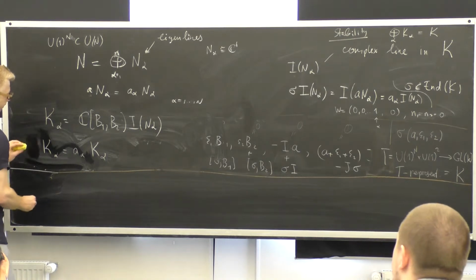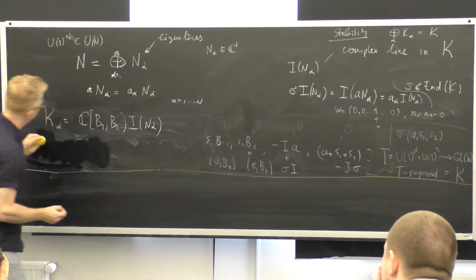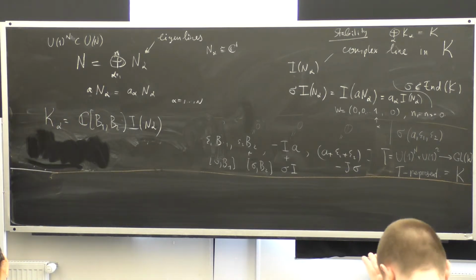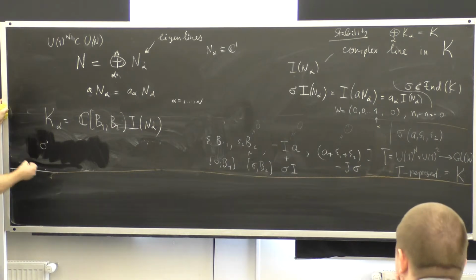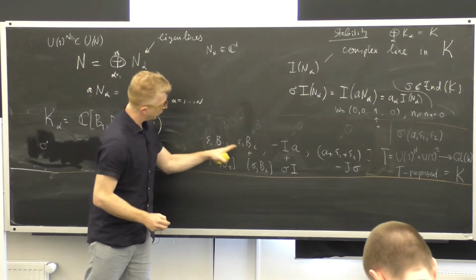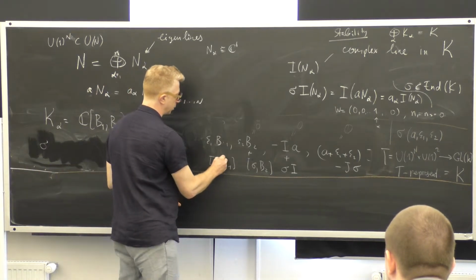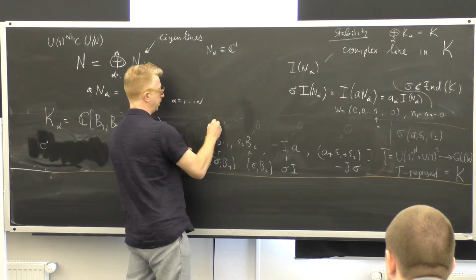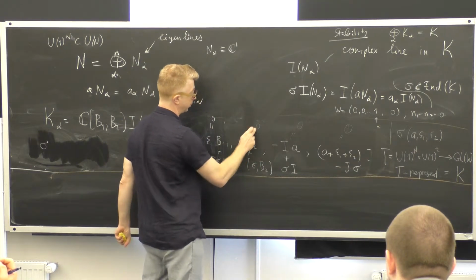Sorry, okay, never mind. What we really want to find out is how the operator sigma acts on K alpha, and from these relations. The relations being that the commutator of sigma with b1 plus epsilon 1 b1 equals 0, and the commutator of sigma with b2 plus epsilon 2 b2 equals 0.